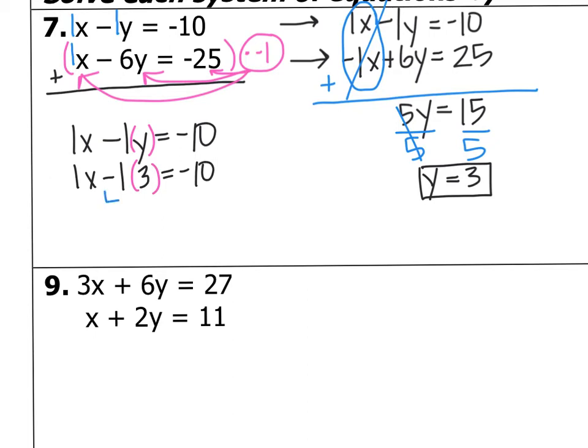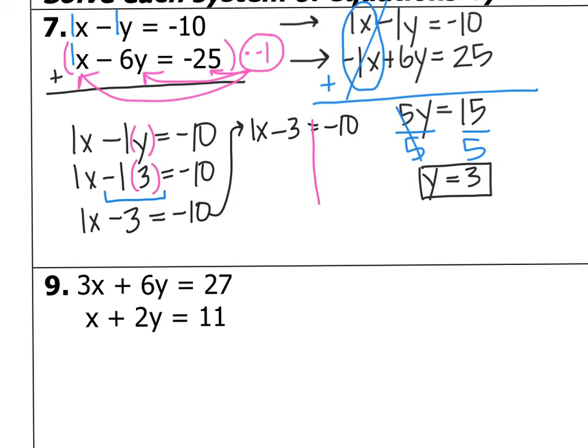When I multiply negative 1 times 3, I get negative 3. So I've got 1x minus 3 equals negative 10. I'm going to start to run out of room, so I think I'm going to rewrite this up here. 1x minus 3 equals negative 10.